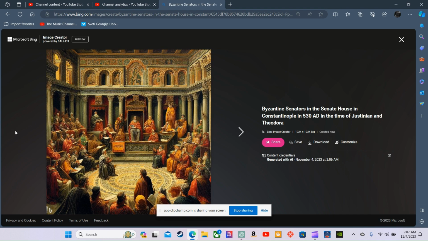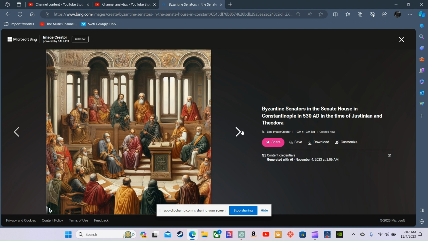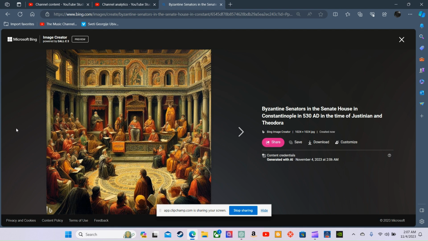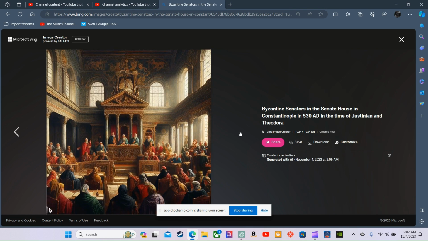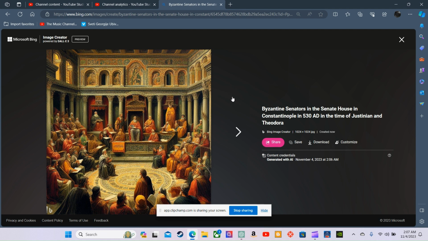Well, as I stated before, this is kind of an example of the limitations of AI. So, what is the AI really doing? Well, these men are not wearing the clothes of the 6th century at all. This is largely based on paintings that were done in the 16th and 17th century by incredibly famous painters. There is a sense that this is kind of like what the painters would have done.